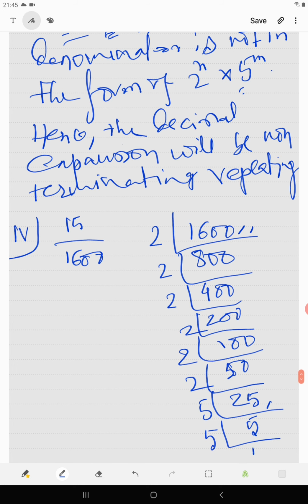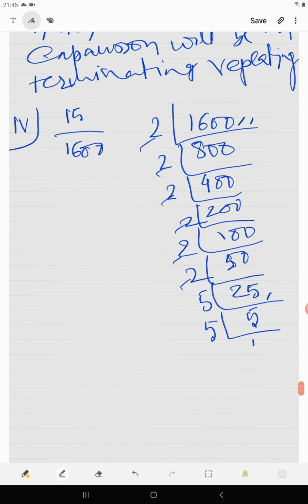You can see how many 2's are there: 1, 2, 3, 4, 5, 6. So there are six 2's, which will be written as 2 to the power 6. How many 5's are there? 1, 2. So 5 square. Since there are six 2's and two 5's, the denominator is 2 to the power 6 into 5 square.